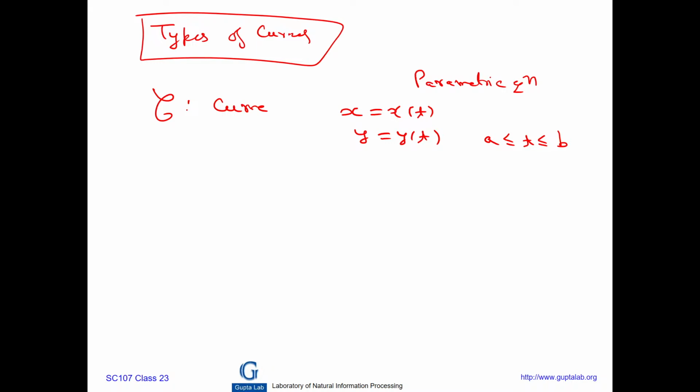Most of the common curves that you know, probably circle, hyperbola, parabola, can all be parameterized. You can find a parametric equation for them as well. For example, for a circle it is x equal to cos t, y equal to sin t, where t, or theta, whatever you call it, is some parameter.